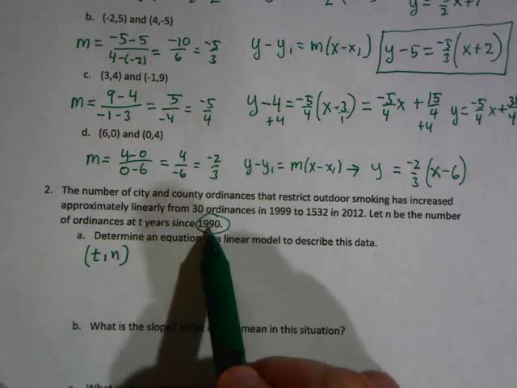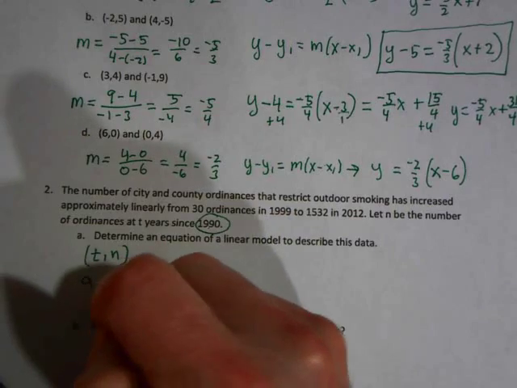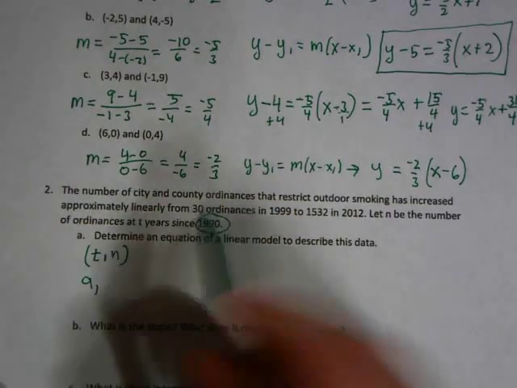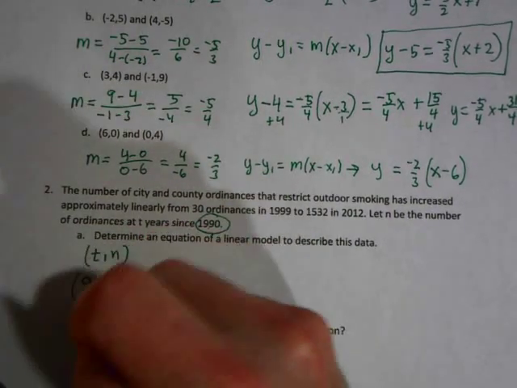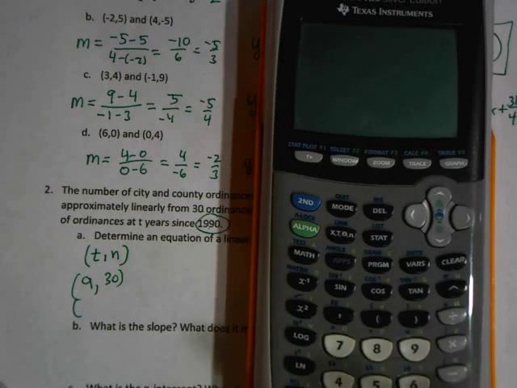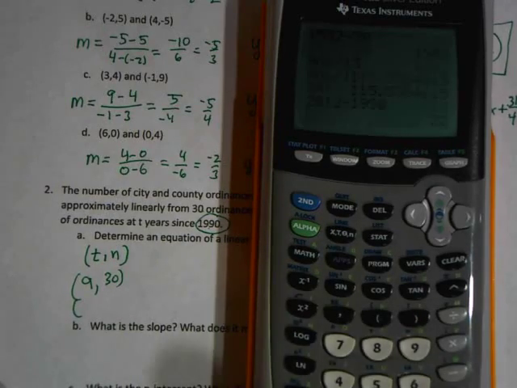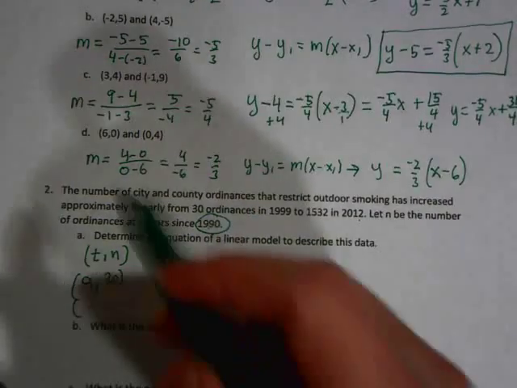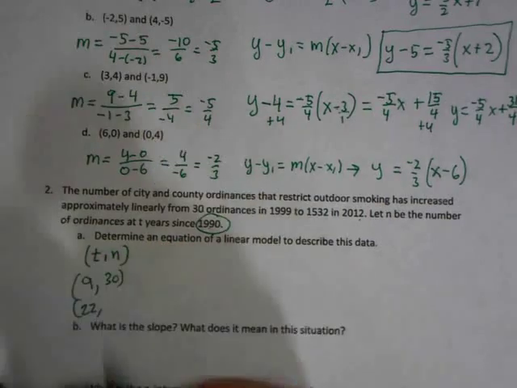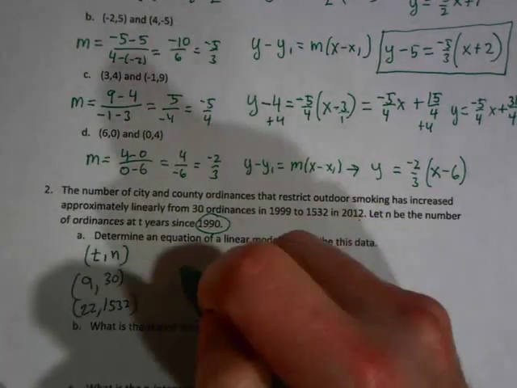So we're starting in 1990 now, and we go to 1999, that would be 9 years later, and we had 30 ordinances. And then we're going to 2012. Let's see, 2012 minus 1990 is 22 years. 1532. We find our slope.